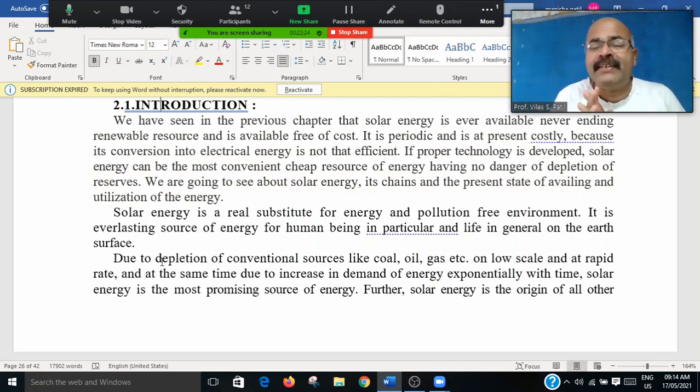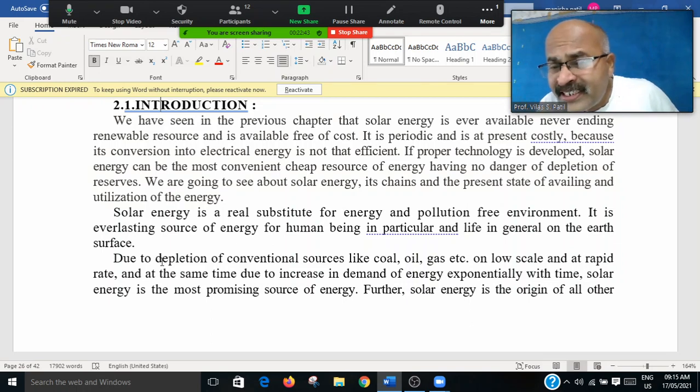It is periodic, and at present it is costly, because the science required to convert solar energy into electrical energy is not affordable; it is expensive.